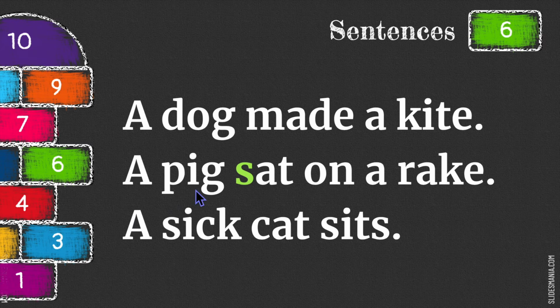A pig. S has two sounds, S and Z. It always uses the S sound at the beginning of a word. At, sat, on, a, rake.